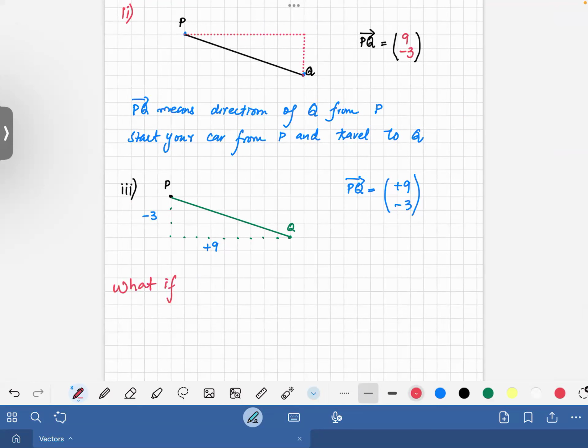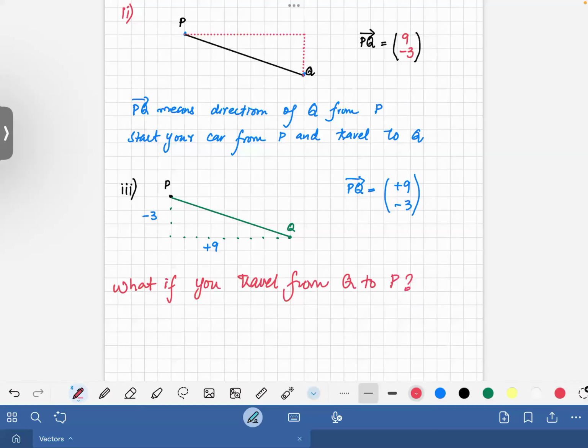Now there is also a point, what if you travel from Q to P, so everything remains same, just change the signs. Now beta, एक चीज अंडरस्टैंड करें। Ramin, can you hear me?